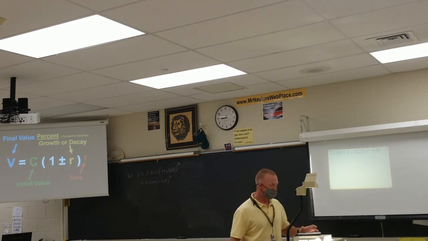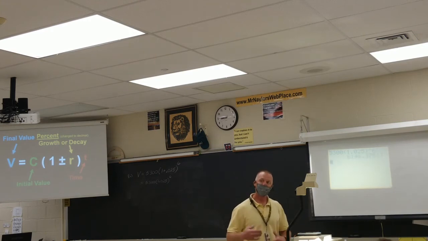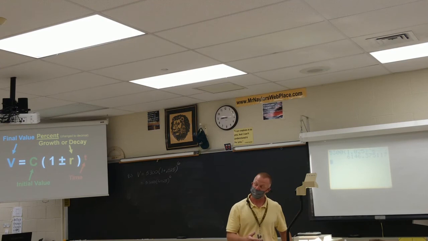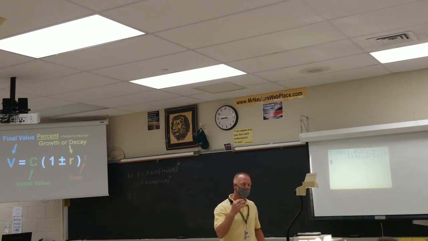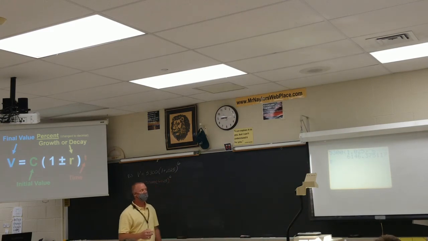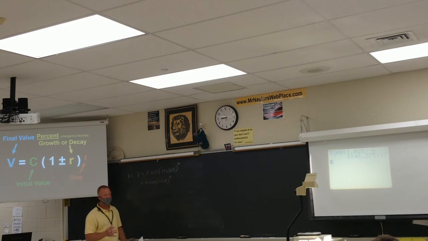Now, here's what I want you to understand. This formula finds 2.5% of the first year, and then it finds 2.5% of the next year, and then it finds 2.5% of each year, and is able to add that all together to be your final amount after 6 years.